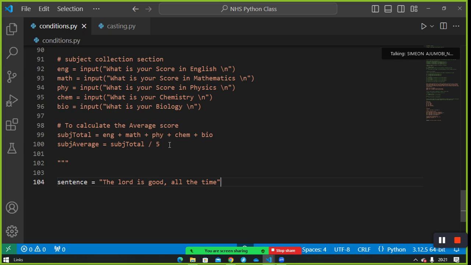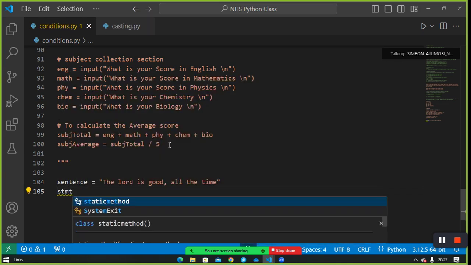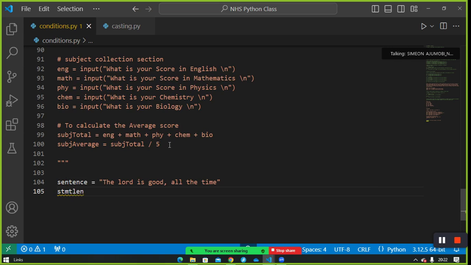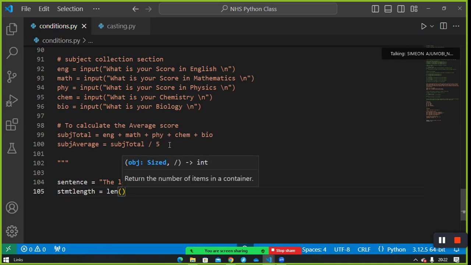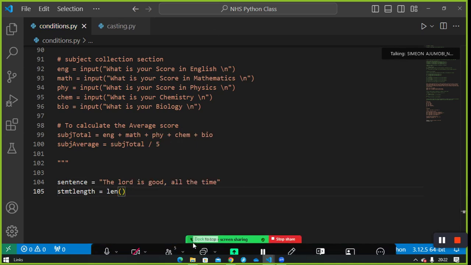I can tell Python to count this statement. So it can tell me the length of the statement. It can tell me anything. I can just say statement length equals length of sentence.